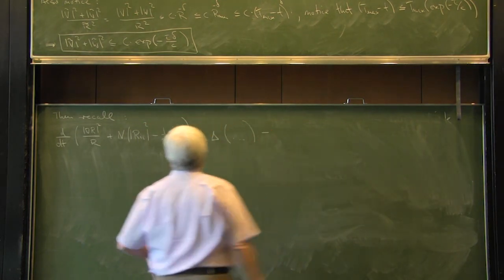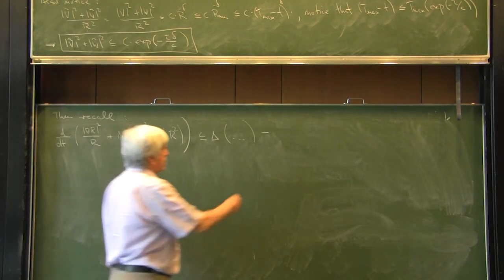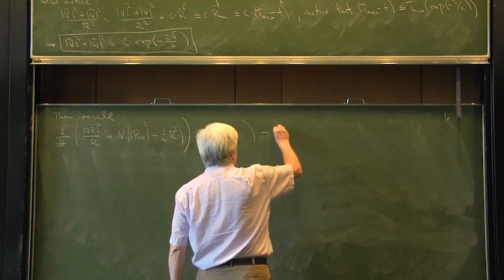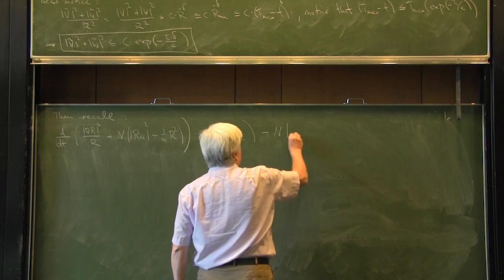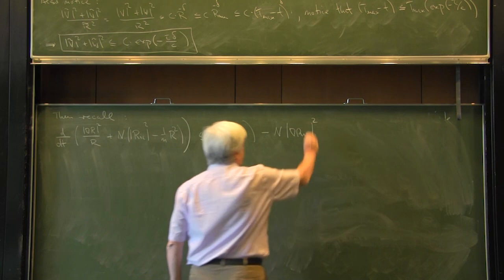And then we had something left over, which was n times gradient Ricci squared.